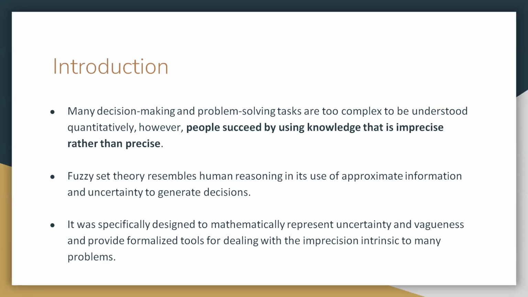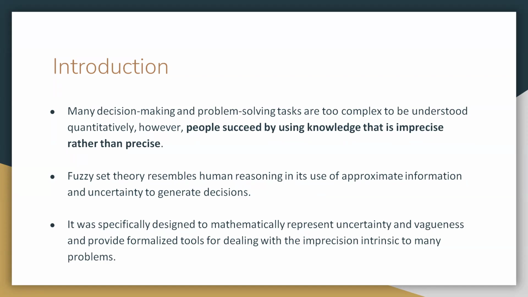So many decision making tasks are very complex to be understood quantitatively. So we need to have some knowledge to understand what is that impreciseness there. So fuzzy set theory resembles human reasoning, the way we think, in its use of approximate information and uncertainty to generate decisions.